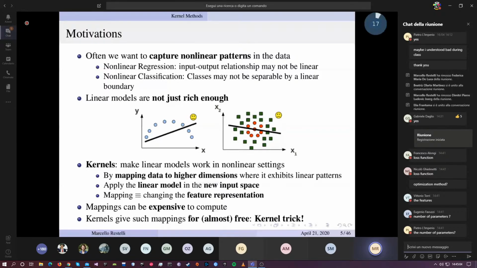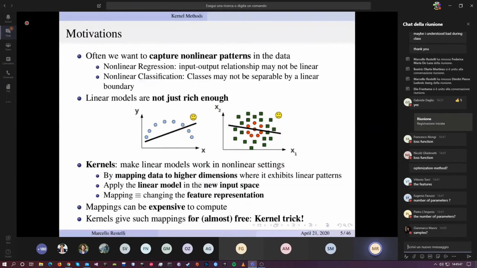What is the main difference? When you are in the parametric world, for instance linear regression, the computational complexity of learning the best parameters is dominated by the number of features. When you have to solve, for instance, ridge regression or ordinary least squares, the complexity of computing the solution is not dominated by the samples.